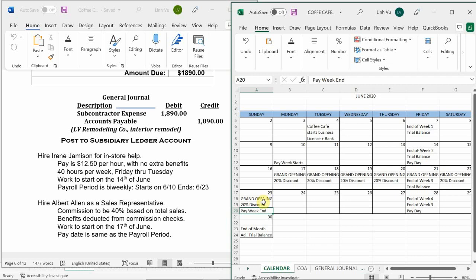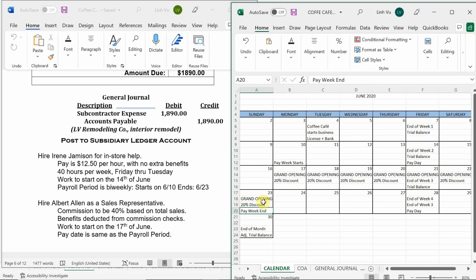So we're going to train her on Friday, Saturday, and Sunday. Then Monday we can prepare her for the first grand opening.